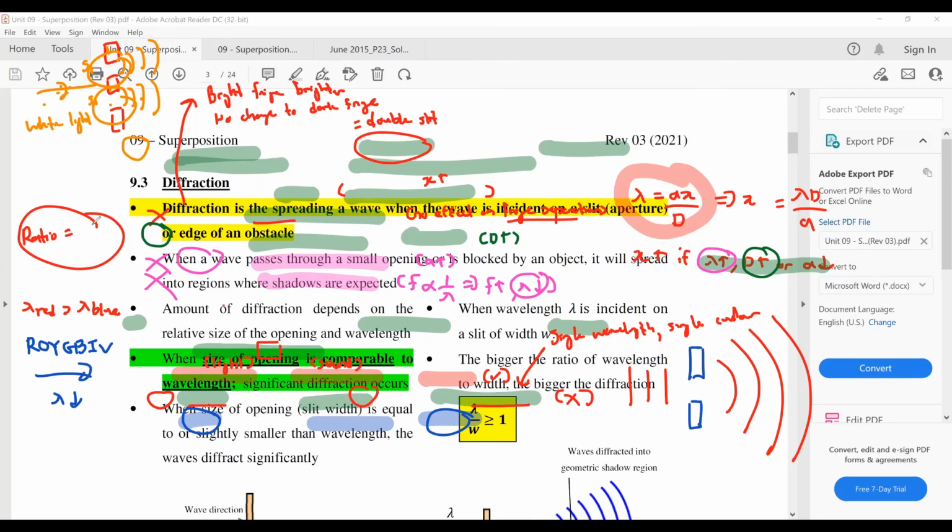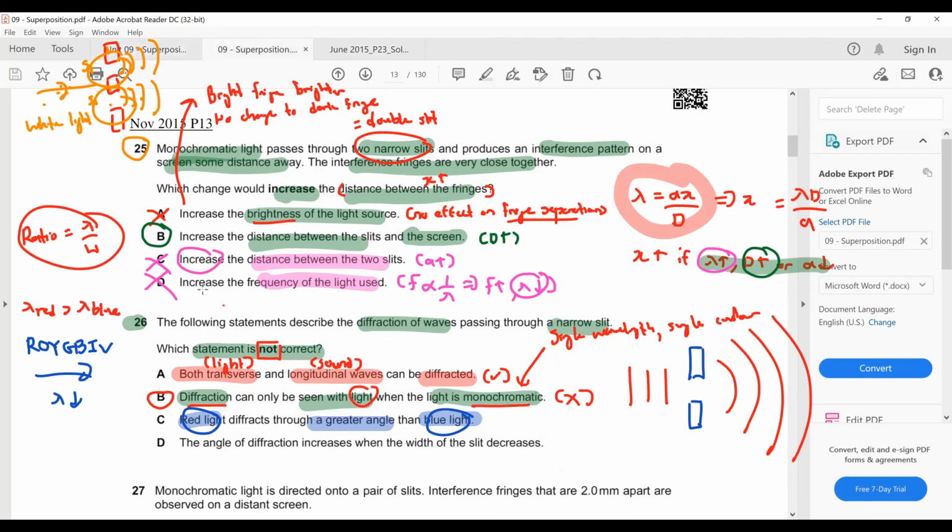Okay, the ratio of lambda over W. That gives you a measure of how much diffraction you will have. So this one, I know that red light is larger in wavelength than blue light.